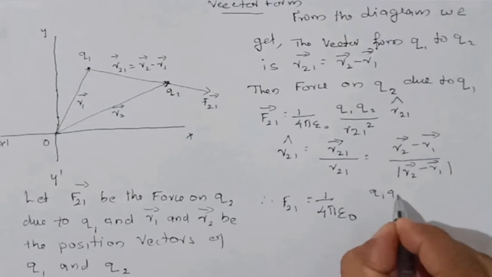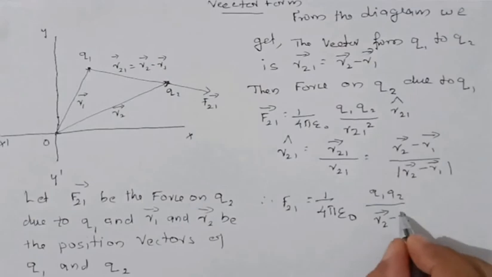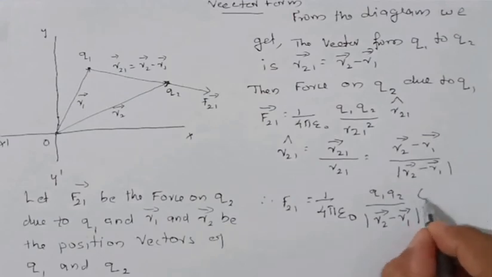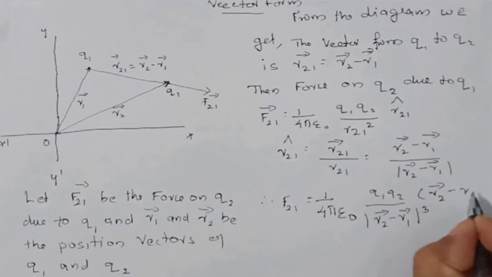Q1 Q2 upon magnitude of vector R2 minus vector R1 cube times vector R2 minus vector R1.